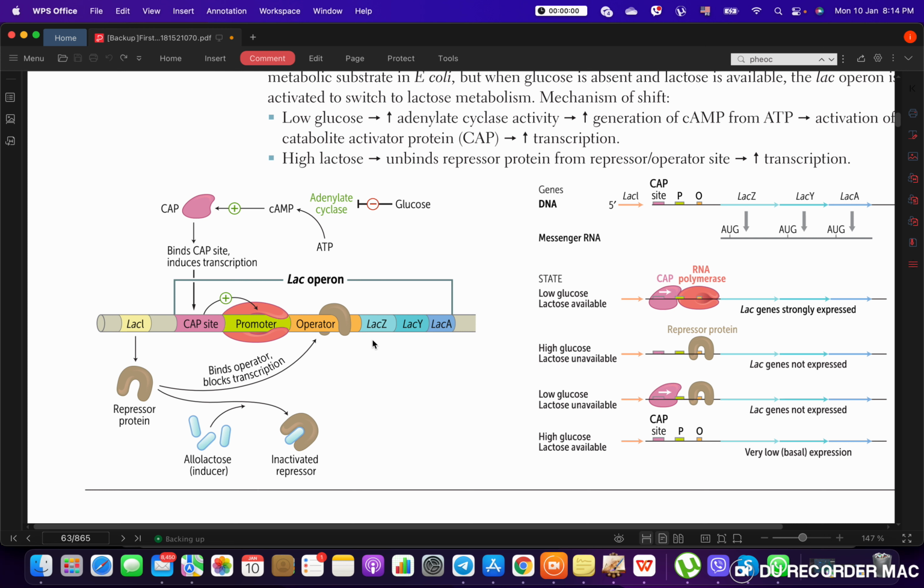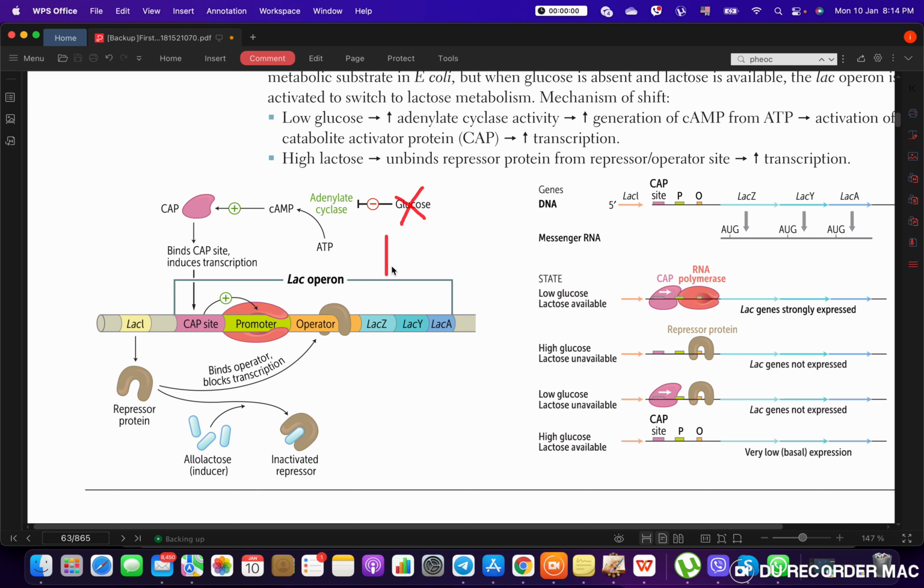So if you do not have glucose, you must use lactose. But to use lactose, you must have lactose. If you don't have lactose, can you use the lac operon? No, no way. It's not possible. Basically, the idea of the lac operon is, if the glucose is absent, we use the lactose.